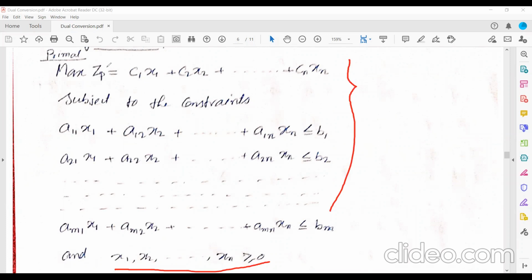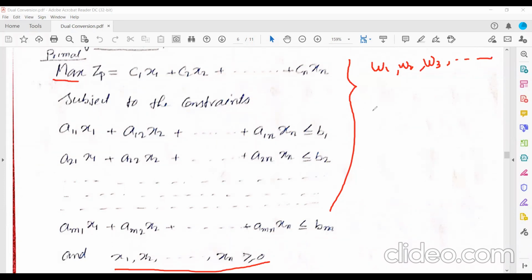While writing the dual of this linear programming problem, we will introduce the variables, say W1, W2, W3, like this. Now I am going to write the dual of this one.